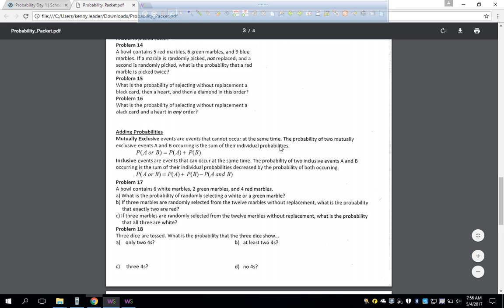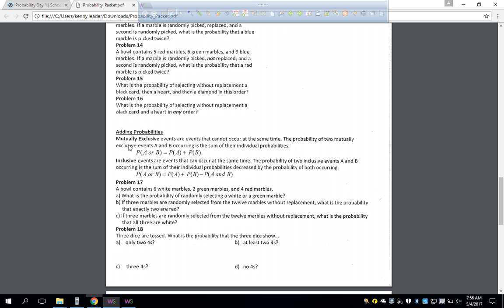Say the probability that it rained this morning was 50%, and the probability that I see my friend driving to school is 20%.